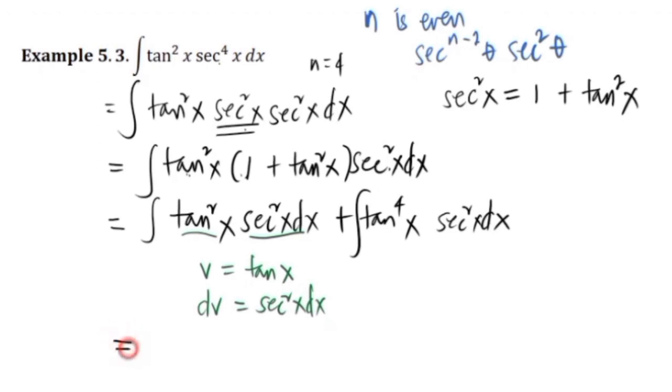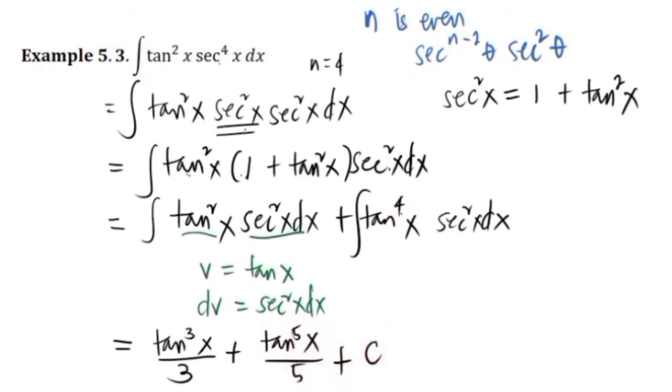That's v to the n plus 1 over n plus 1. So tangent to the n plus 1, so that's tangent cubed x over 3 plus, here you have tangent to the n plus 1, so that's tangent to the fifth of x over 5 plus c.